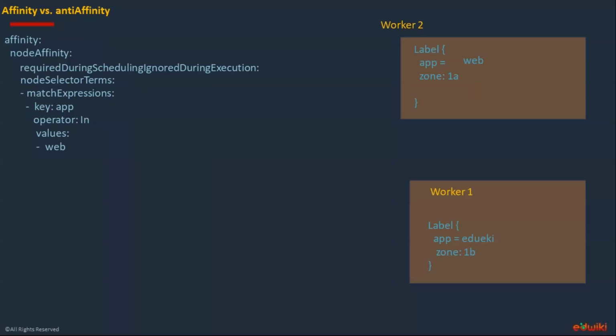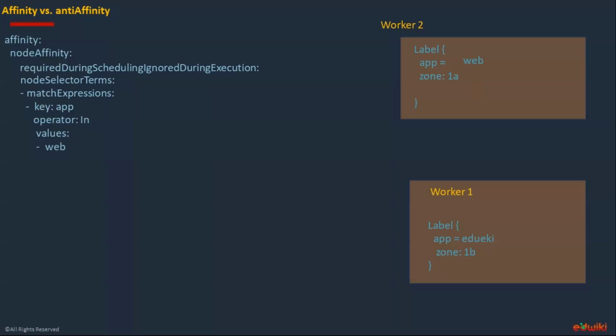And under that I'm giving the label: key should be app, the value should be web. That is the label that I'm looking for. That means if the pod has to get deployed, the label of the worker node should be app colon web, which is mandatory at the time of scheduling.